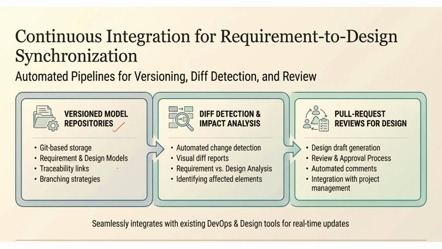This also creates traceability links and branching strategies. You can fork, you can commit, everything is available in these versioned model repositories. Next, it is very difficult at times when your project is very enormous.